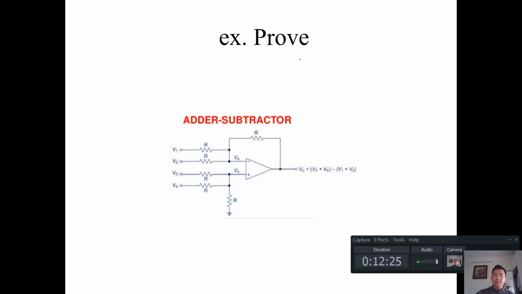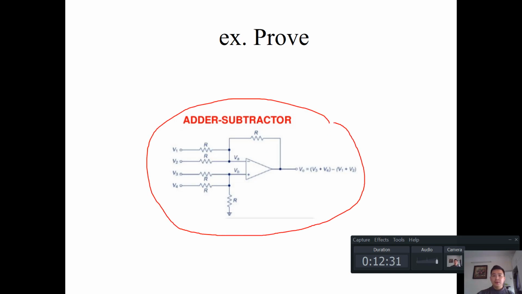Okay, this is a small example. You can see it and try to do it yourself to understand how it works. So this is the adder and subtractor circuit. We compose both the subtractor and summing circuit in one circuit.